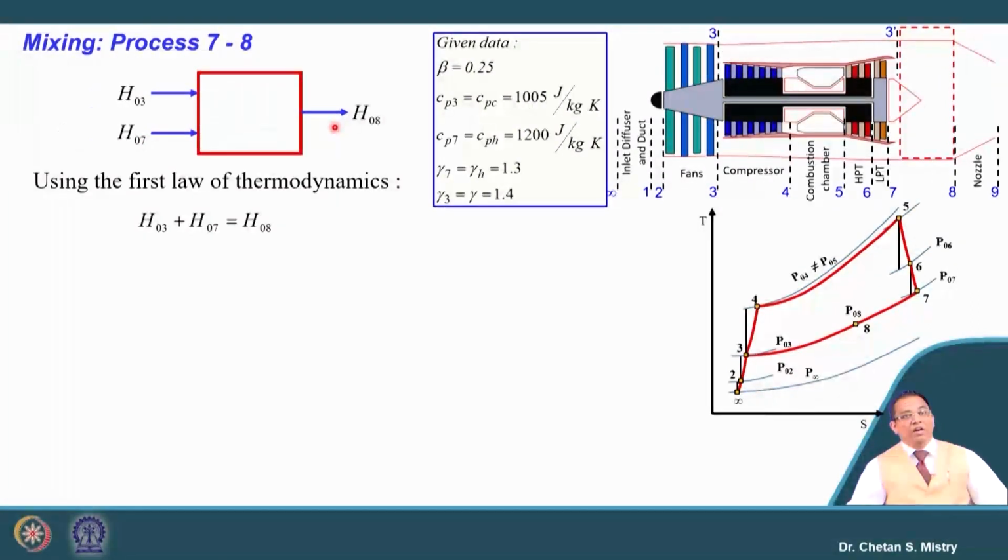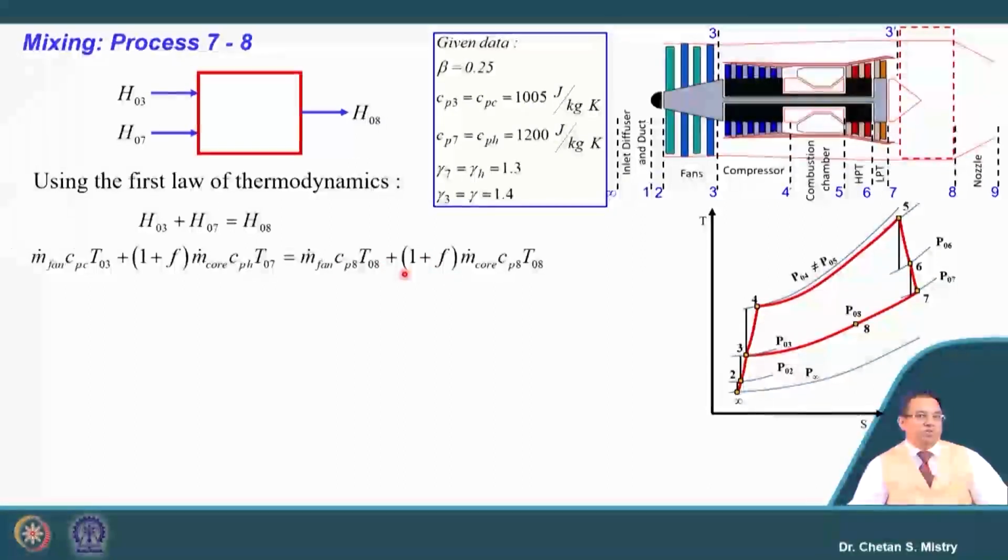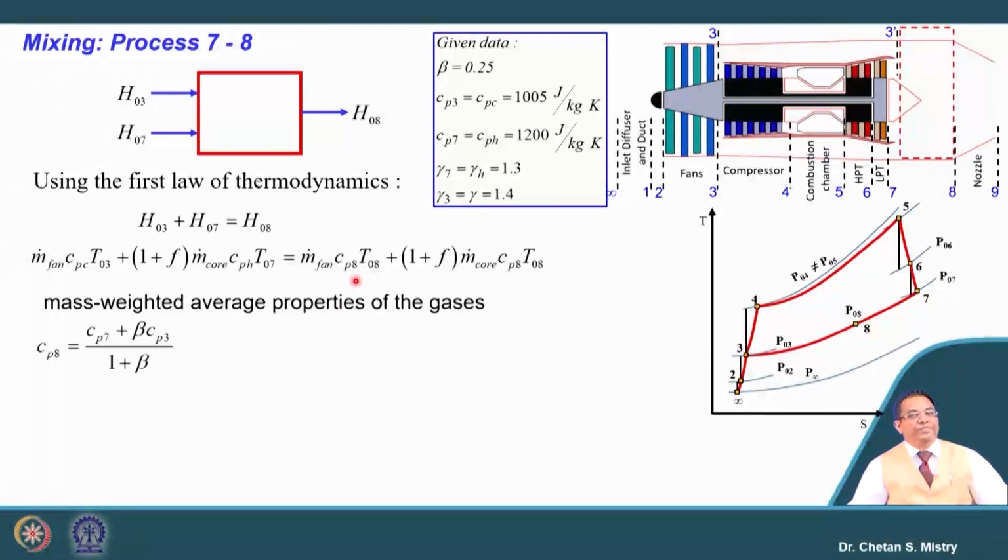Now, if we put our first law of thermodynamics and do the heat balance, this will be given in terms of m dot Cp T03, and here this is 1 plus F m dot core Cp T07. Similarly, on the other side we can write down our heat balance in this formulation. Now, as we have discussed earlier, my Cp value because of mixing will change. So, here specifically we write this as Cp suffix 8. Okay.